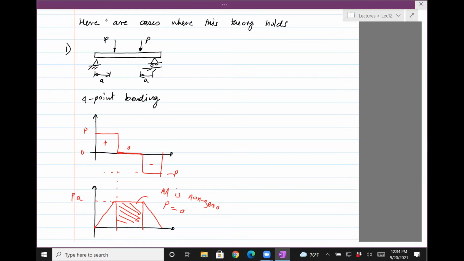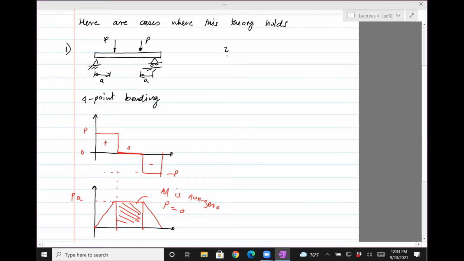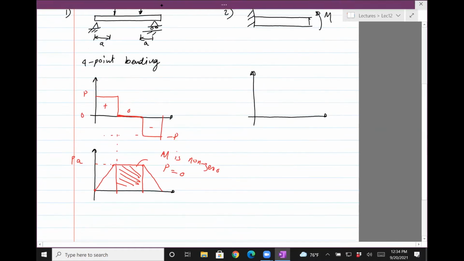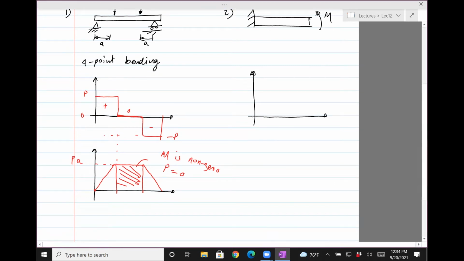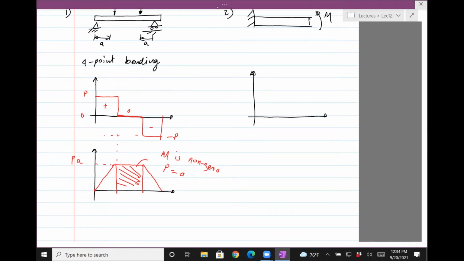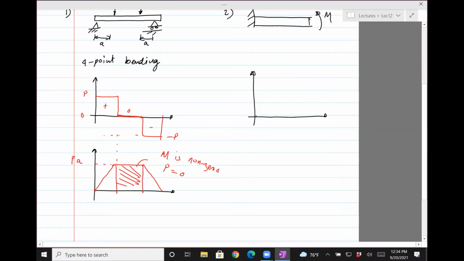The second case, where you'll see this is true, is a cantilever beam subjected to pure moment. In this case, if you draw the shear force diagram, there's no external force applied here, so the shear force is actually zero for the entire beam.